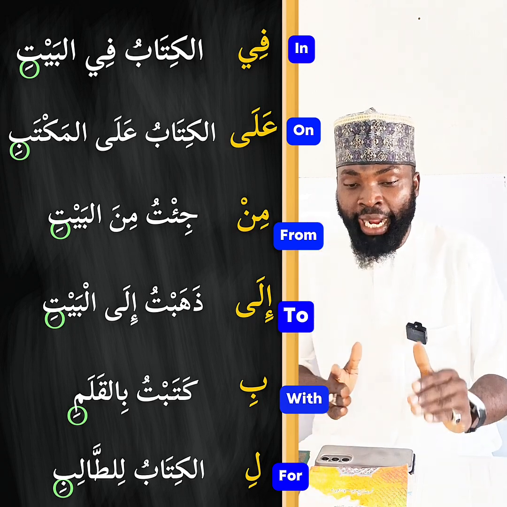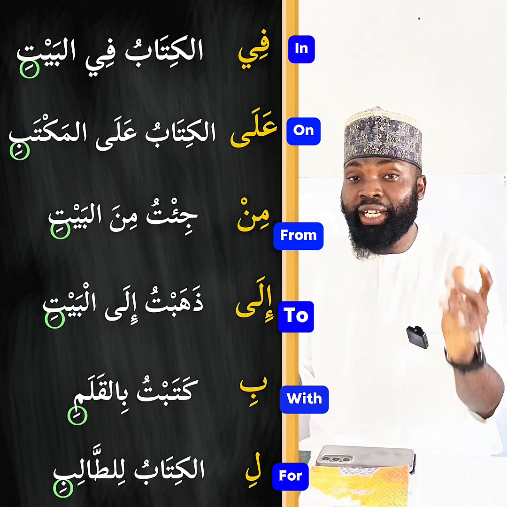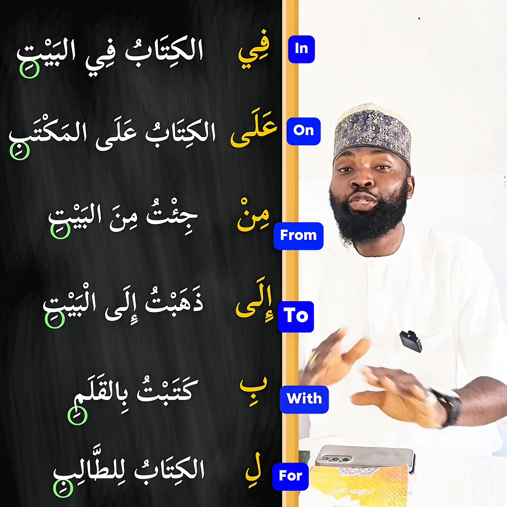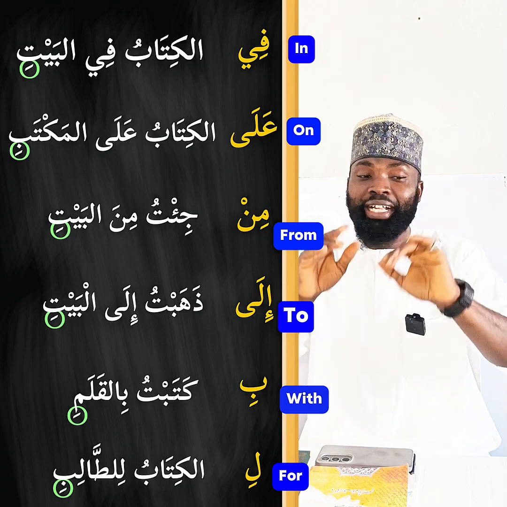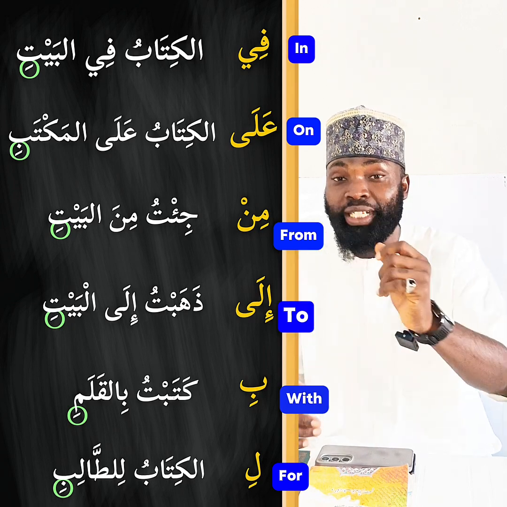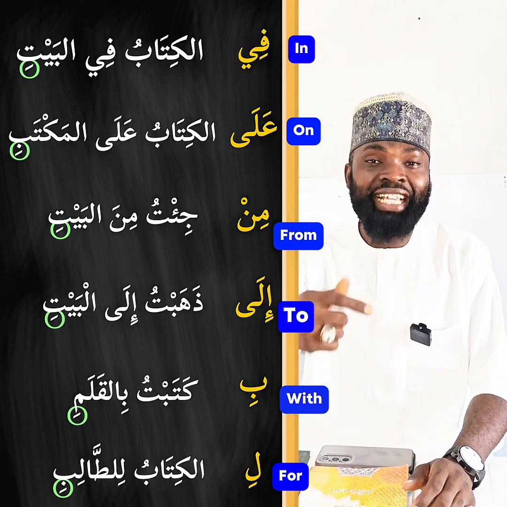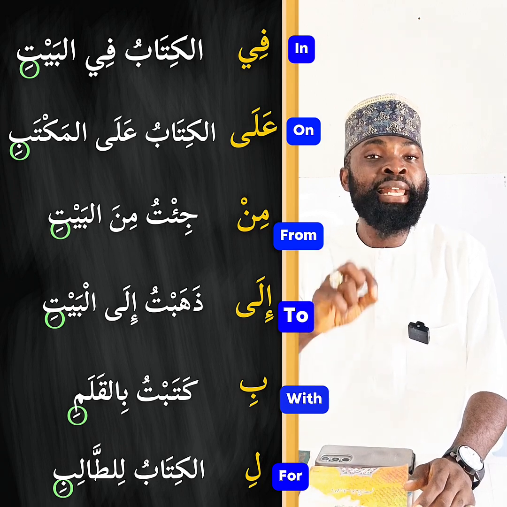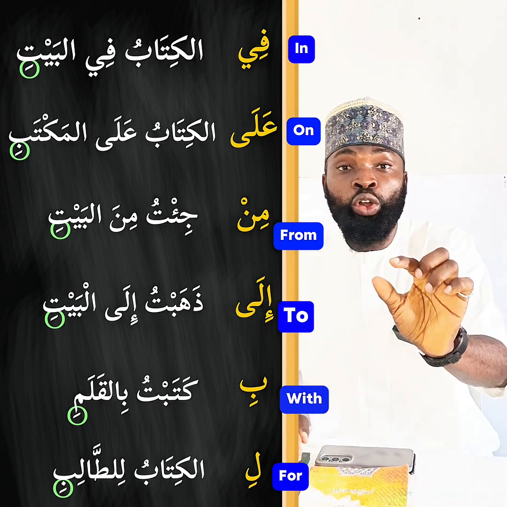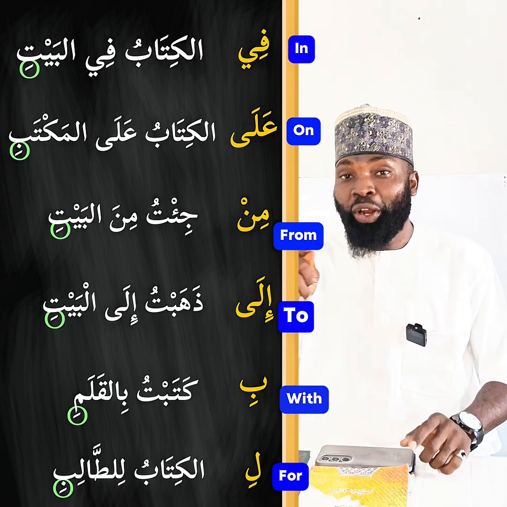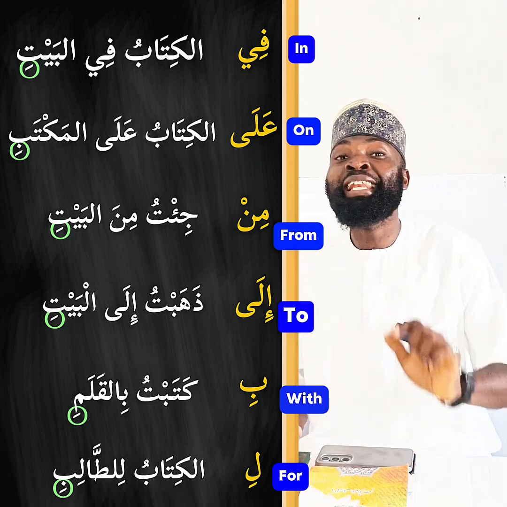What they do is that when they appear before a noun, they change a noun from taking dhamma to taking kisra. Even in the Quran, you will see this in a lot of places. Look at the first thing we say before we recite. We do the isti'adha by saying a'udhu billahi. The word Allahu was with dhamma. Because of B, it became billahi.